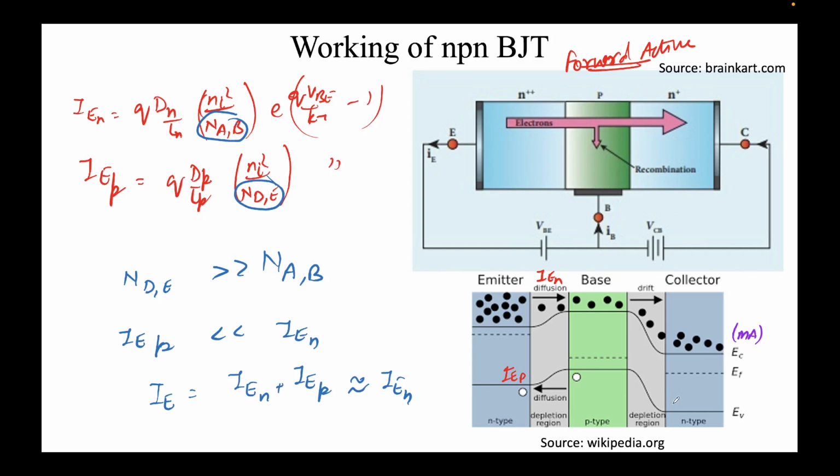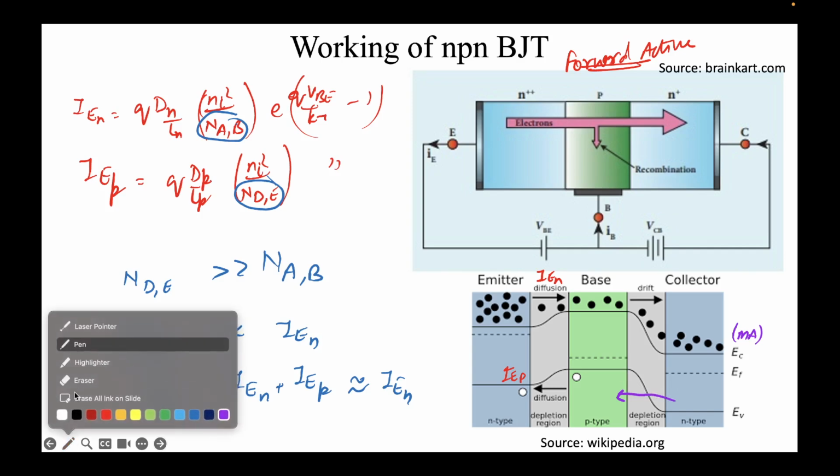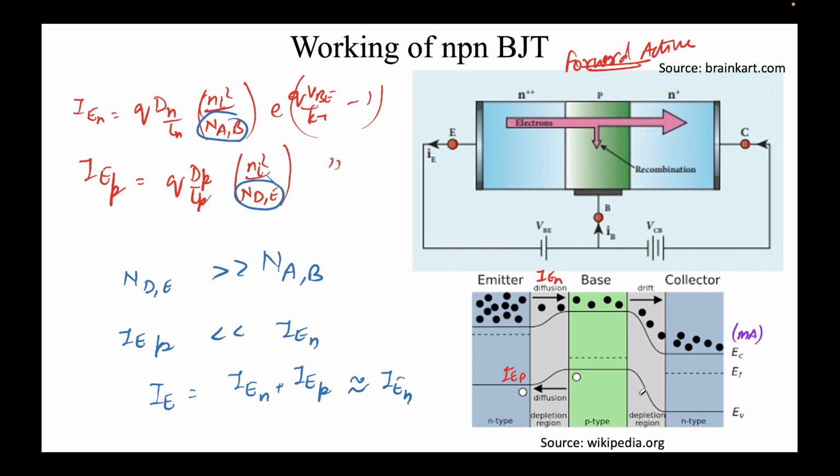The reverse saturation current, this is your JS, is usually in picoamps. That's why in this complete analysis we have ignored this term.